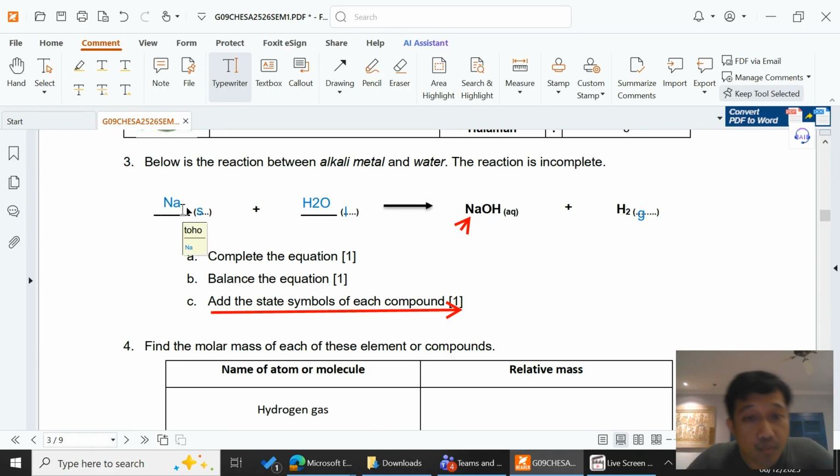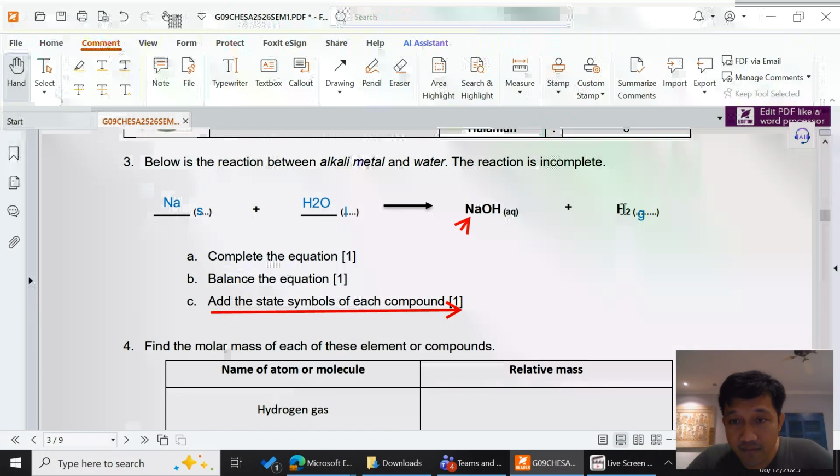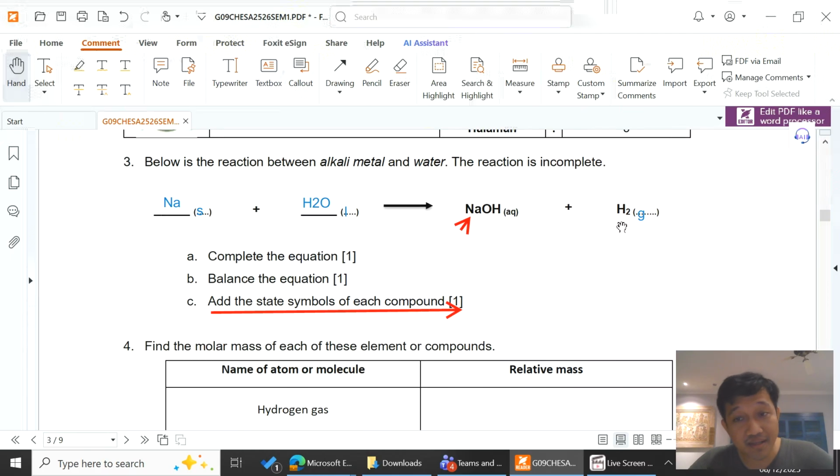That means we can multiply it with any number. Let's look at the other atoms first. H2O contains 2 H and one O. Here we have H2, only H in there, H and H become H2.